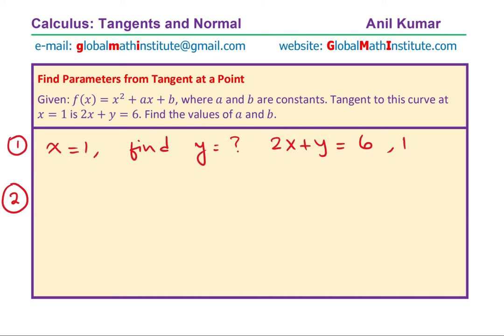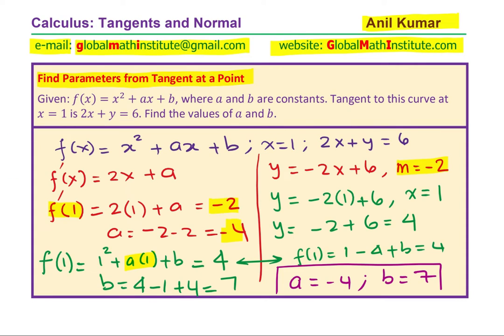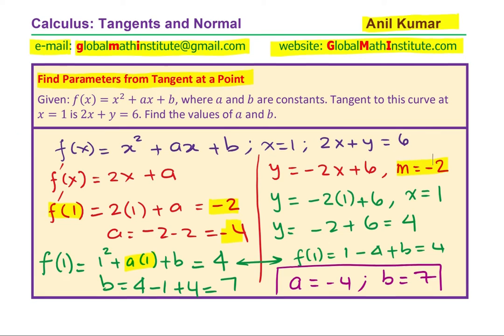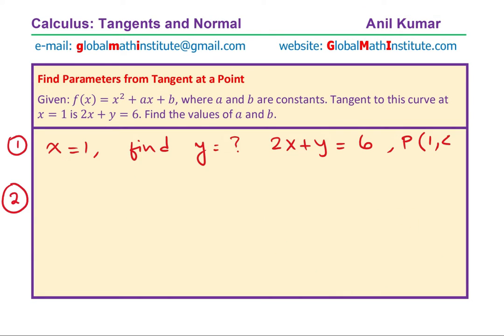In our case, when we substituted 1, we got the y value as 4, right? So the point was (1, 4). Makes sense? 2 plus 4 is 6.